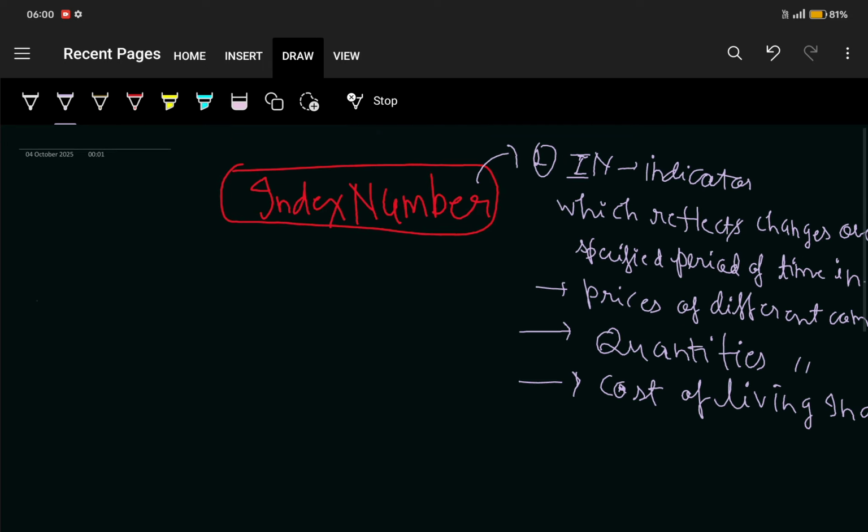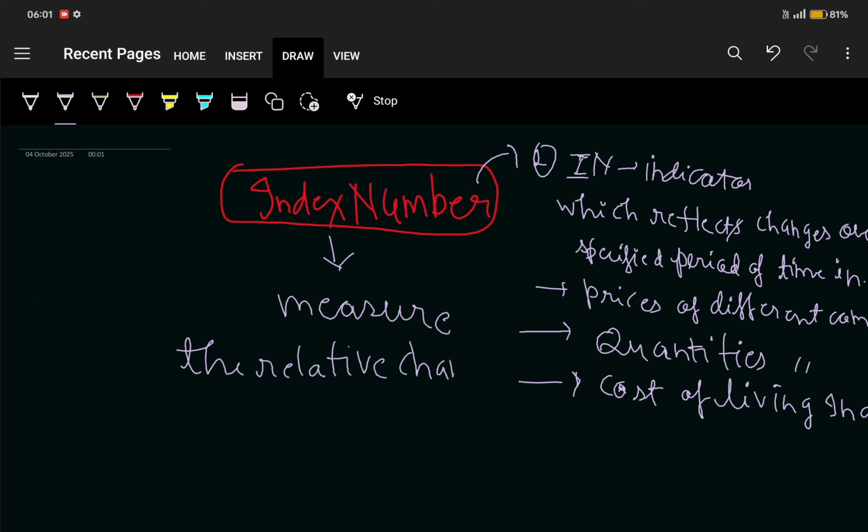And the second point is, what does index number measure? It measures the relative change in the value of any variable with respect to time. So we are writing this point: it measures the relative change in the value of a variable, because it changes with the passage of time.